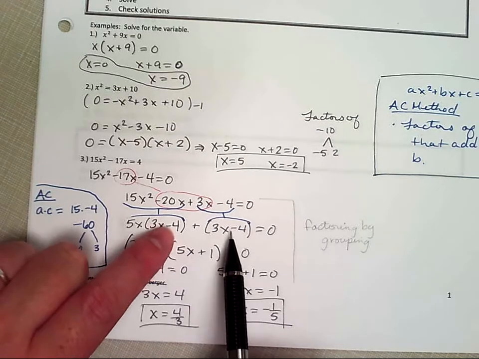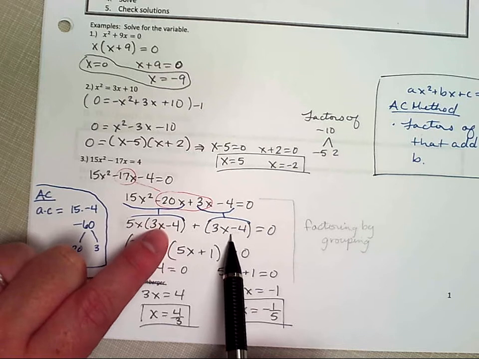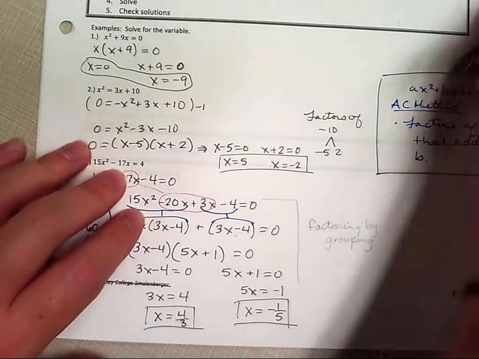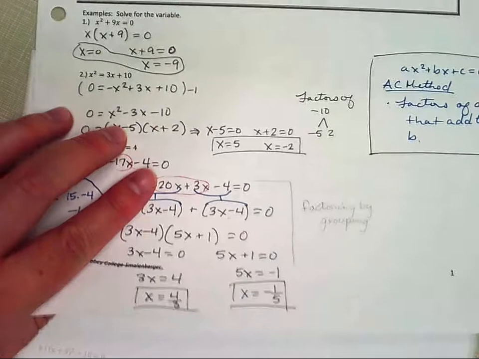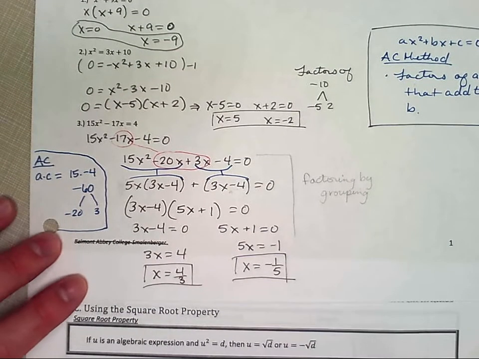The goal is to get it so that you have 2 of the same things so that you can factor that out. If you get to here and you don't have 2 of the same things like this, then you can't factor out a common term. Okay?